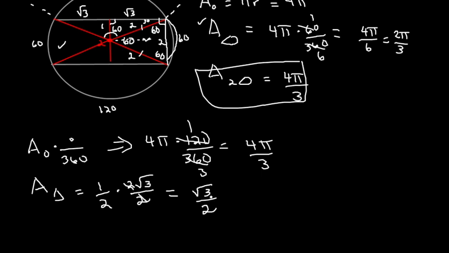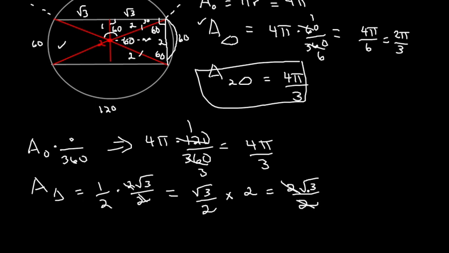And there's going to be 2 of them because we have this triangle and we have this triangle. And we have to add those on to our sectors. So here we go. We're going to take this times 2 because there are 2 triangles. So it's going to be 2 root 3 over 2, and the 2's cross out.